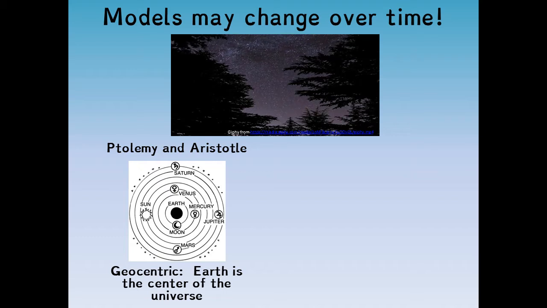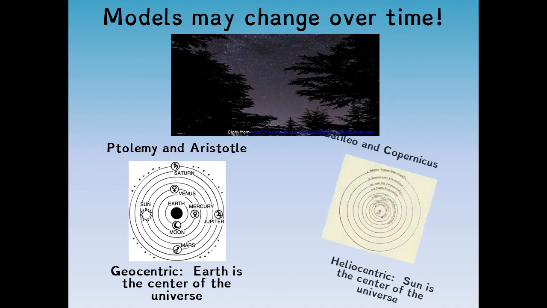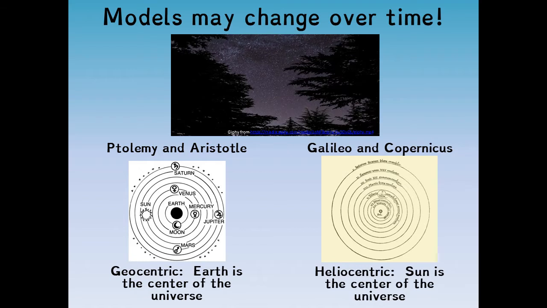It wasn't until the invention of the telescope that Galileo and Copernicus came along, looked up through the telescope at the night sky and went, something doesn't seem right. Because when I look at that star, well, it's in pretty much the same place every night.